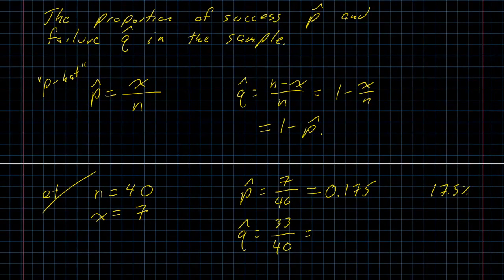And my calculator is very happy to tell me that 33 divided by 40 is 0.825. Or again, if you are happier with percents, this is 82.5%. And you can verify that if you add these things together, you get 100%.